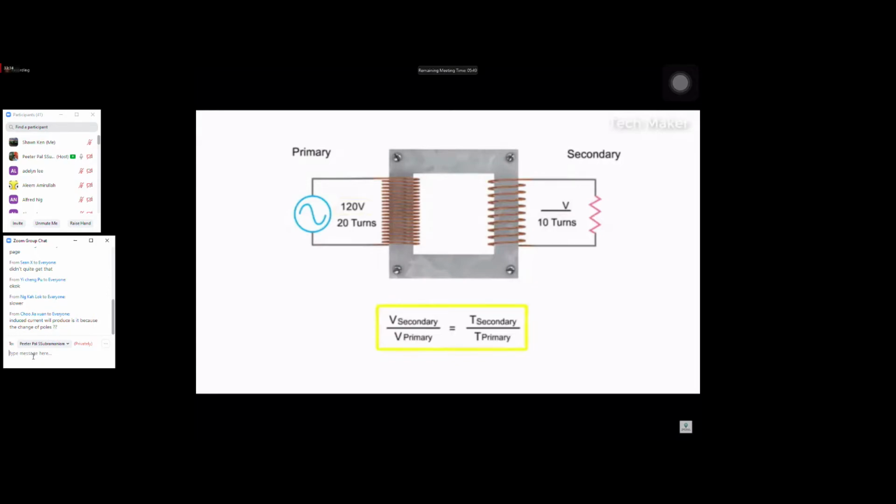This formula simply states that the secondary voltage to primary voltage ratio is the same as the secondary coil to primary coil turn ratio. Rearranging the formula and then dividing 10 turns by 20 turns, we get 0.5 multiplied by 120 V. This results in a calculated step-down voltage of 60 volts.